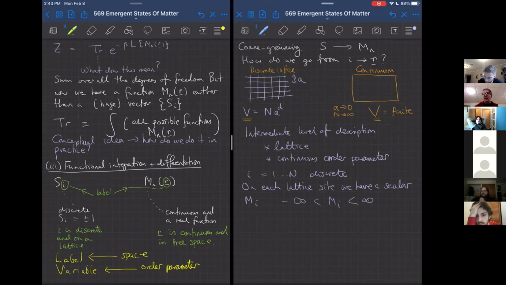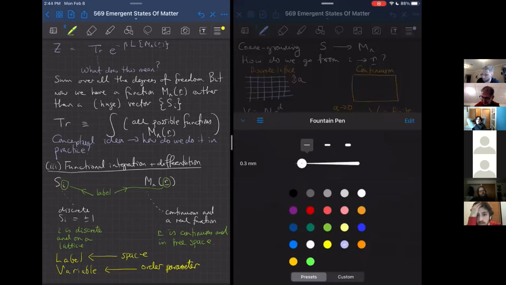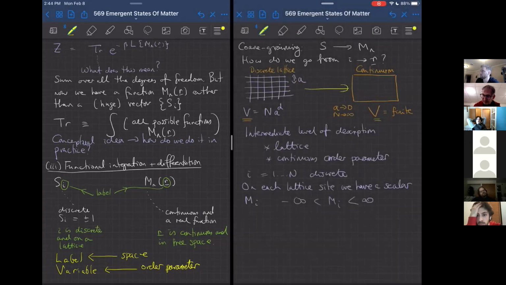It's just some real valued number. It's not plus or minus 1. So this is some intermediate level. And then if I take the continuum limit of this, then I will have the thing that I want.